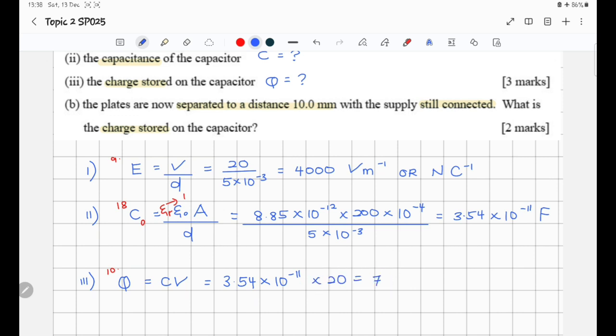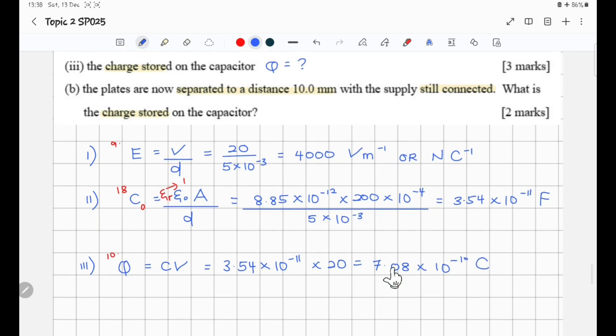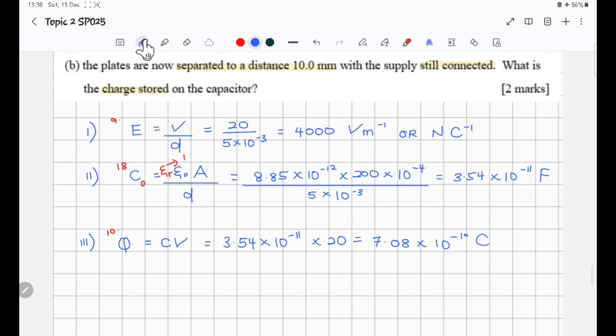So be careful when it comes to calculation. Here is the answer: 7.08 times 10 to the power of negative 10 Coulomb. Be careful with the unit. The unit for capacitance is farad, capital F, whereas the unit for charge Q is Coulomb, capital C. It is easy to get confused.